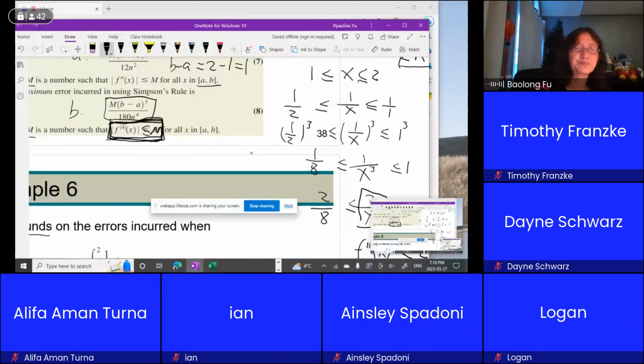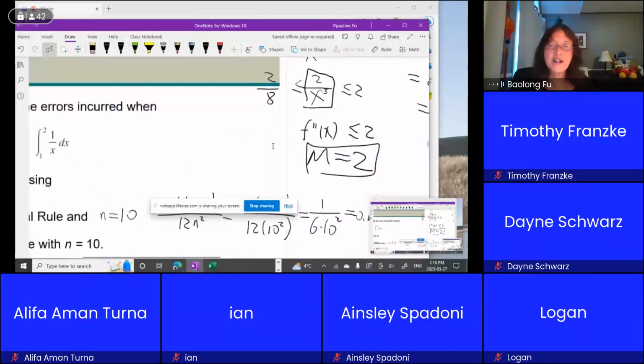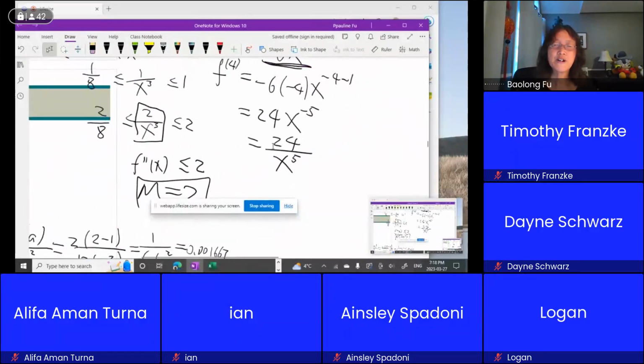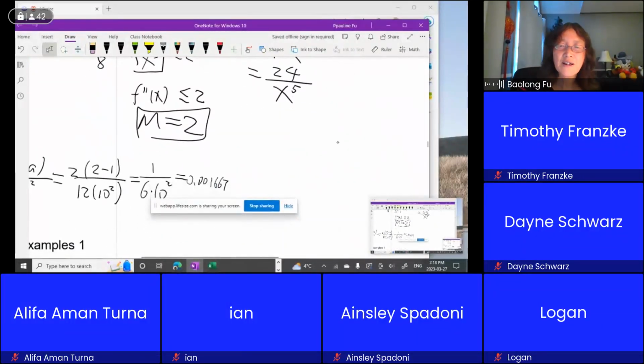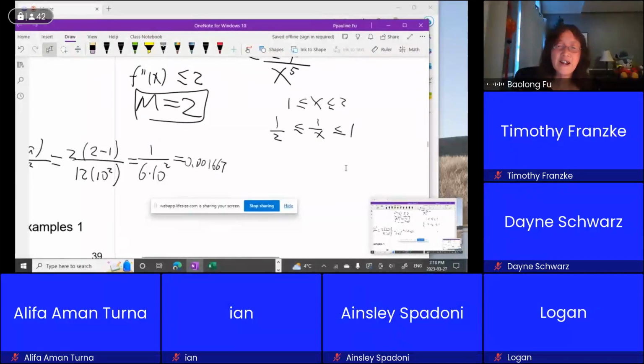This M. Now to find this M, we know x is between 0 and 1, and 1 over x must be between 1 over 2 and 1. Then we raise all the parts to the power of fifth. It is still true.